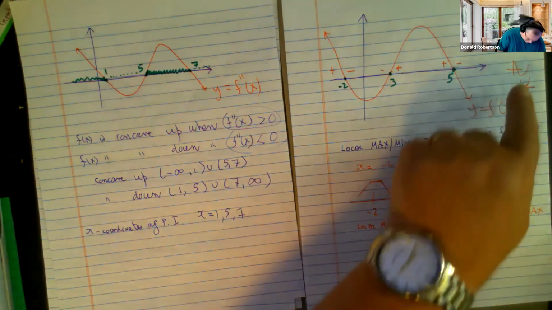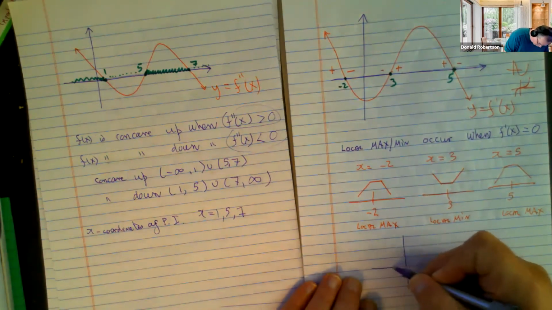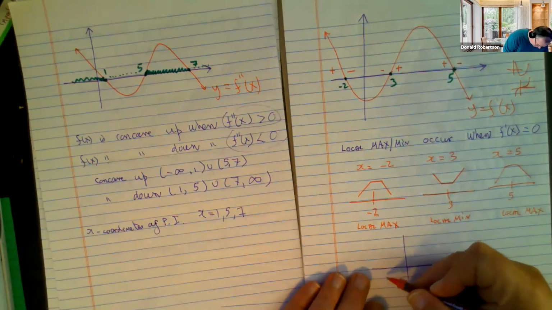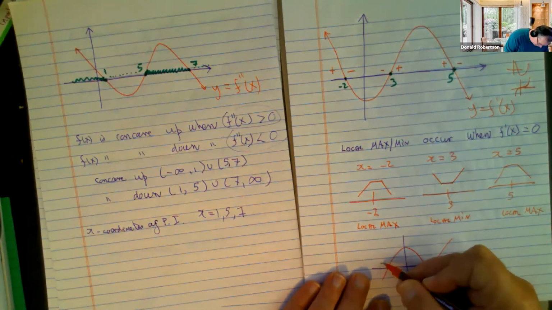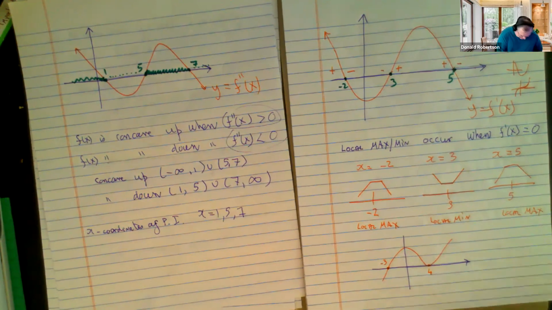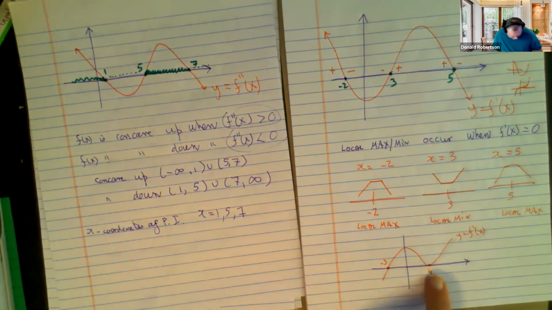Now, if you wanted to see what a horizontal point of inflection might look like, which is unusual because it doesn't happen very often, imagine I had this one. This is at x equals -3, and let's say this is at x equals 4. We're looking at the derivative function.